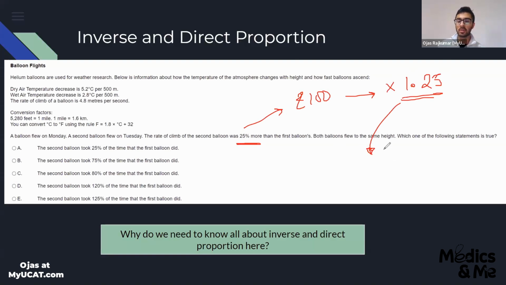So instead of saying 1.25, I would say 125 over 100. But it's the same idea. If something is 100 pounds, 25% more, you times by 1.25. If something is 25% more speed, it's exactly the same thing. So that's where 125 over 100 comes from.